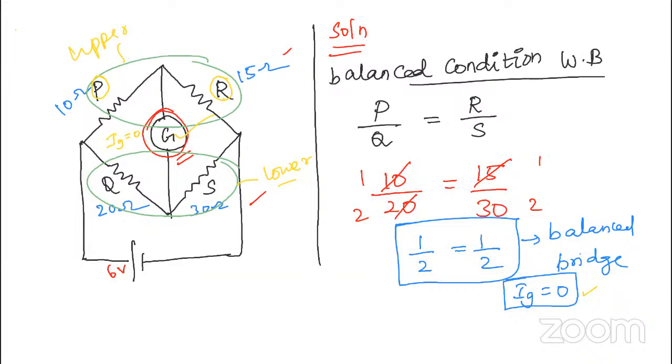Okay. So in the next step, we have to calculate the resistance values of the upper part. So the resistance value in the upper part, I take it as R1.